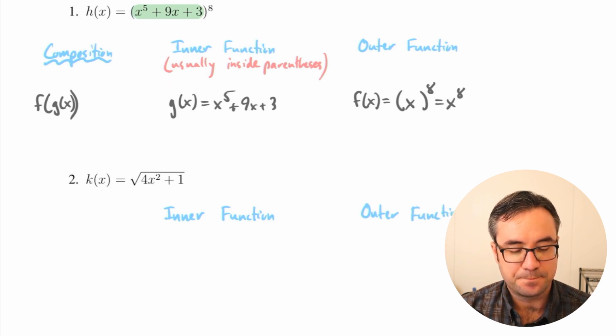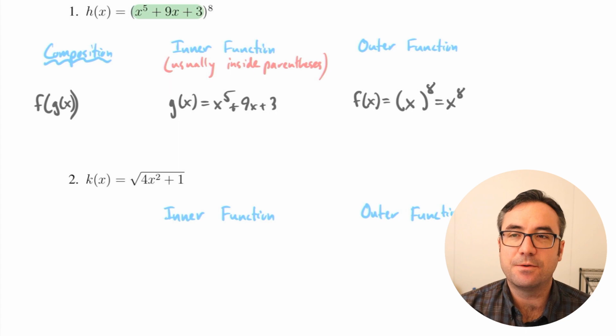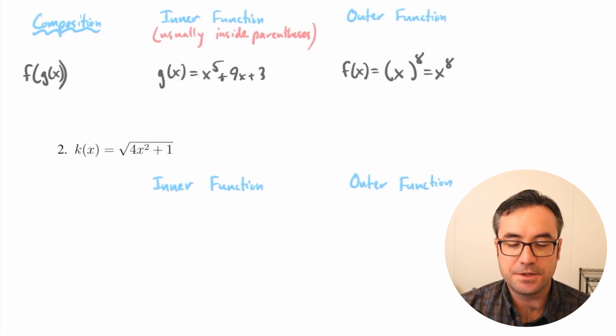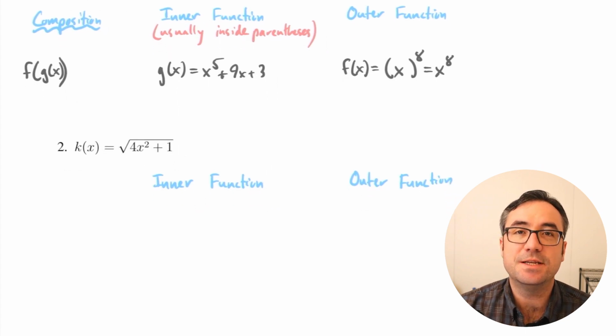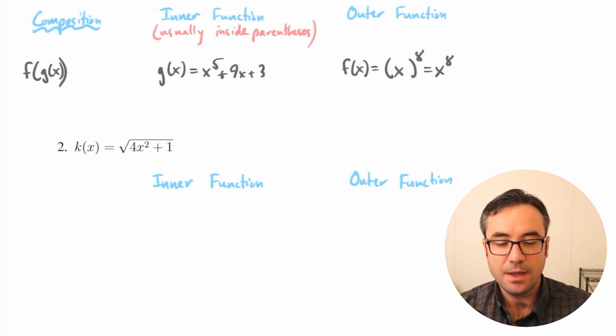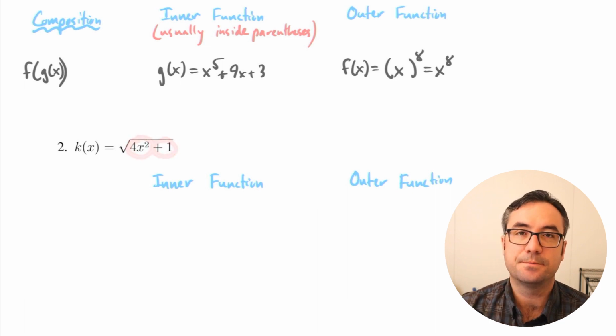All right. So for the inner function, again, what we're looking for is what happens inside of another function. And we see that if we read through what this function is, it's the square root of 4x squared plus 1. So if I were to think about typing this into a calculator, well, what would I do?